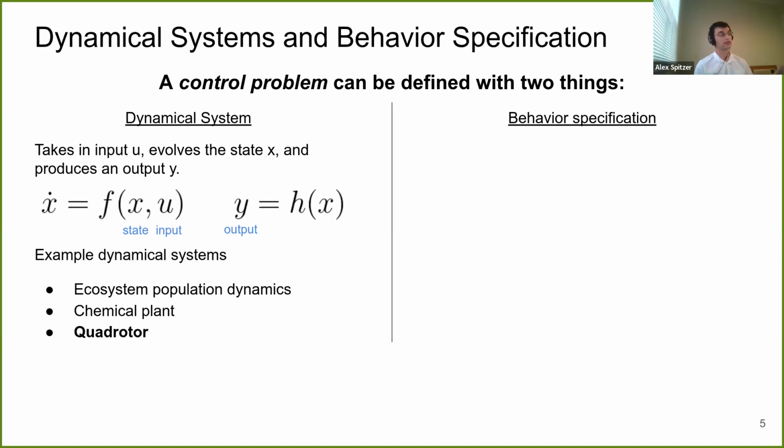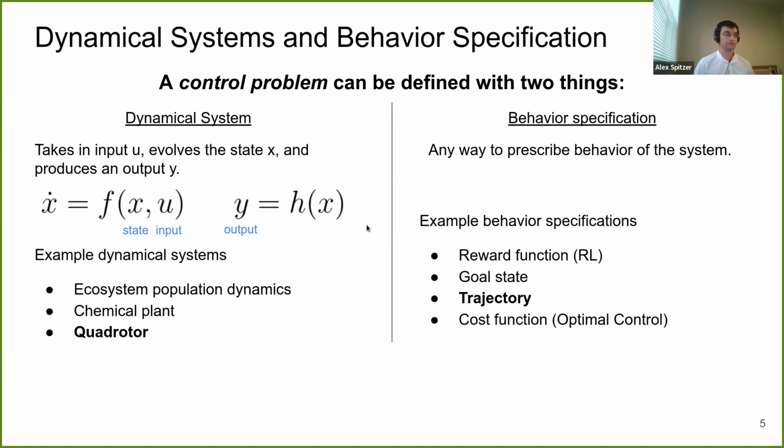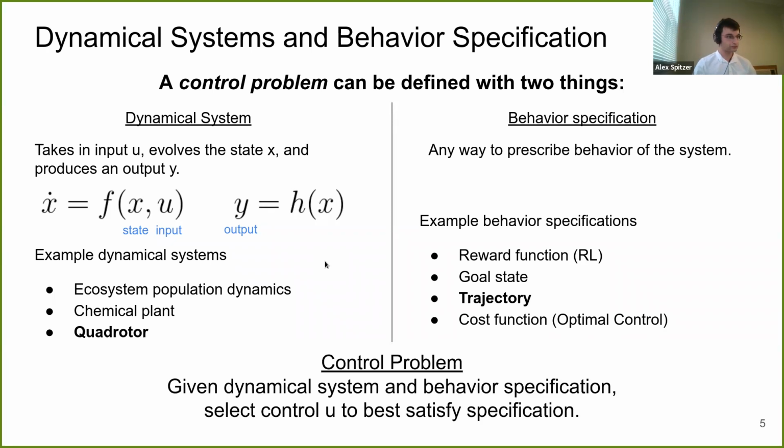But in this talk, we're mainly focusing on the quadrotor system. And as far as behavior specifications, this is just any way that you can basically prescribe a behavior for what you want the system to do. Some examples are trajectories, goal states, reward functions in reinforcement learning, cost functions in optimal control. But in this work, we're going to focus on trajectories as our behavior specification.